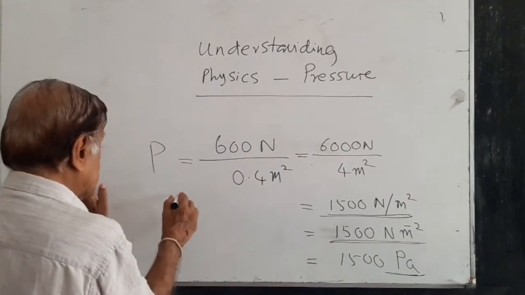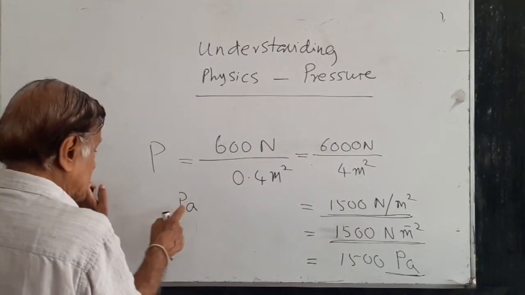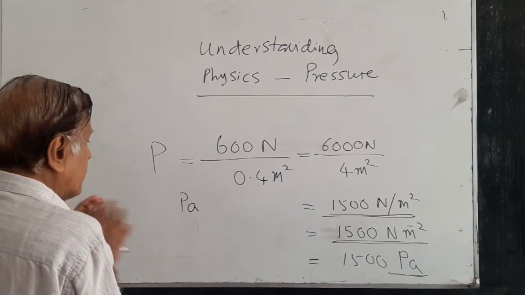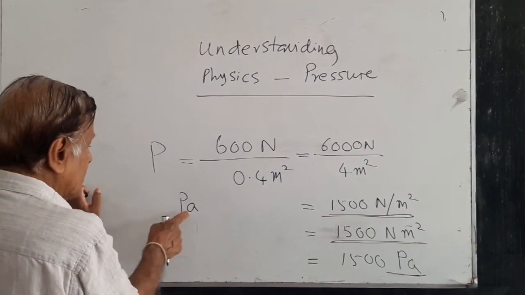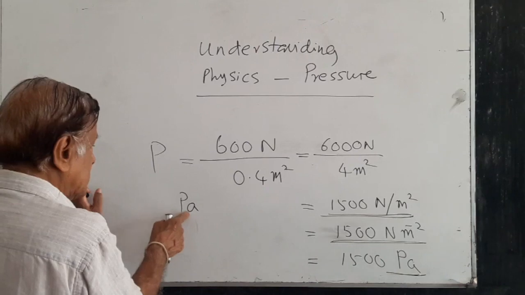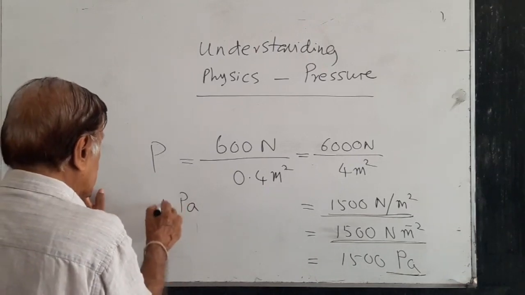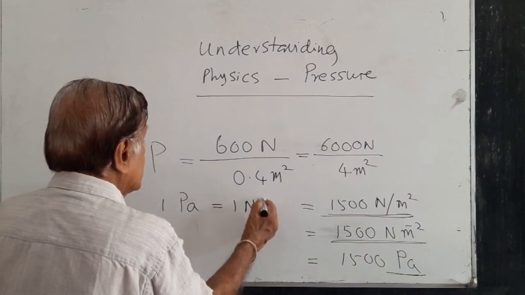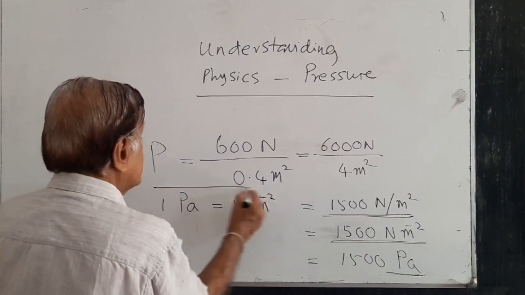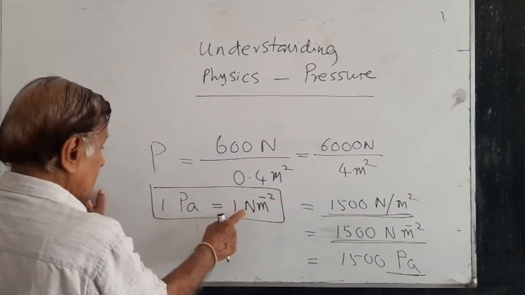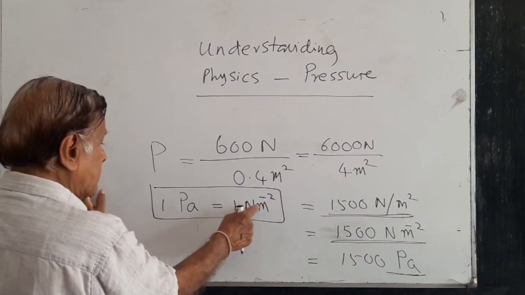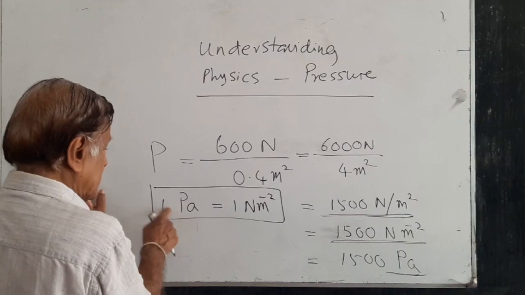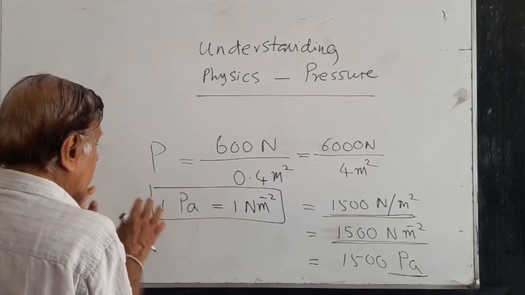Now Pascal is the standard unit of pressure. 1 Pascal is 1 Newton per square meter. 1 Newton per square meter is 1 Pascal. Pascal is the standard unit of pressure.